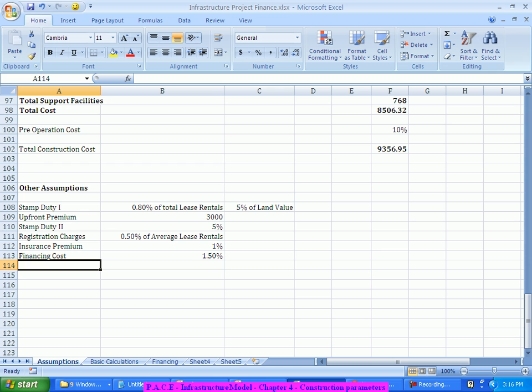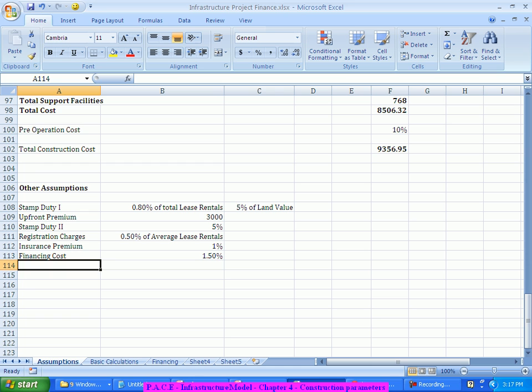Construction costs we have completely developed based on basic infrastructure, bus areas and all that stuff. But based on this, there is a lot of addendum that is adding up to my total cost. Apart from the real construction costs, there are a lot of registration charges, upfront premiums, insurance, lot of things which are not a part of the direct construction.